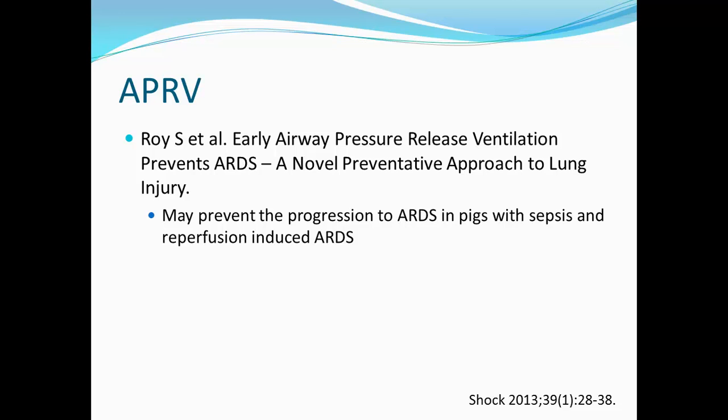The 4 pigs that were ventilated with APRV did not develop ARDS. So their conclusion is that APRV may prevent the progression to ARDS. However, I think we need to be very careful with this because this was a very small study and it was a study done on pigs, not on humans.